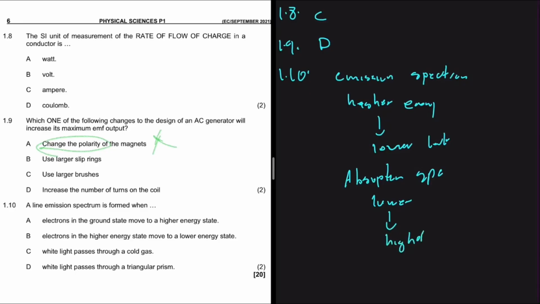Here we're talking about a line emission spectrum, so we're looking for higher to lower. Option A says electrons in the ground state move to a higher energy state. No, that's absorption, lower to higher. Now we want higher to lower. And then B says electrons in the higher energy state move to a lower state. We don't have to go any further. That's what we're looking for.